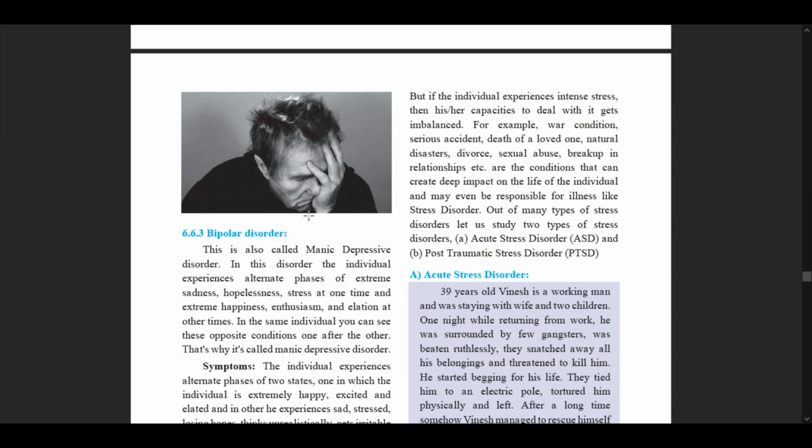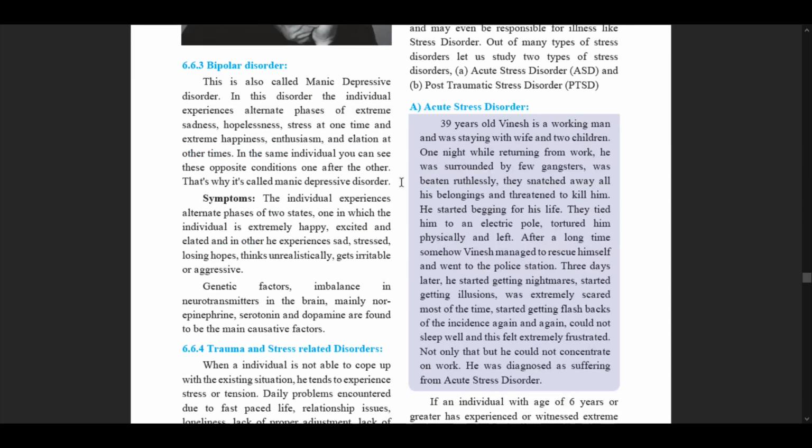I hope you have understood trauma and stress related disorders, the root causes of trauma and stress or tension, and what causes stress disorders and issues in an individual's life. Then we start with part A of subunit 6.6.4, that is acute stress disorder.